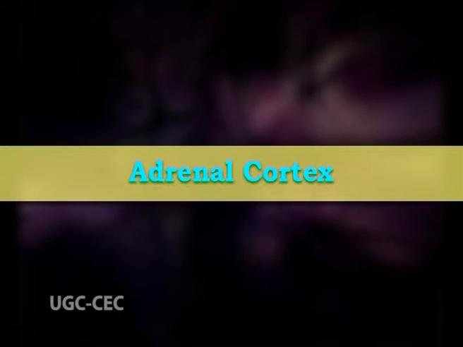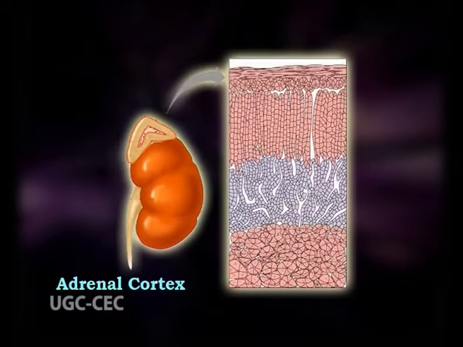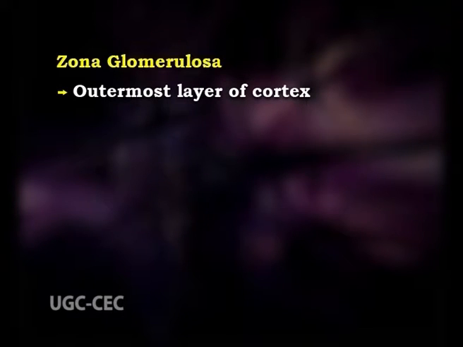Adrenal cortex. The adrenal cortex is made up of cells arranged in cords. Sinusoids intervene between the cords. On the basis of arrangement of its cells, the adrenal cortex is subdivided into 3 concentric zones. First zone is zona glomerulosa. It is the outermost layer of the cortex.